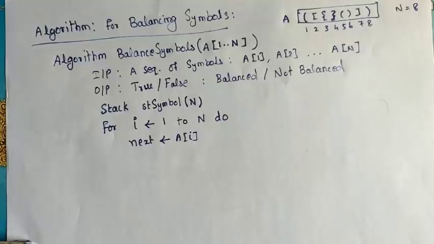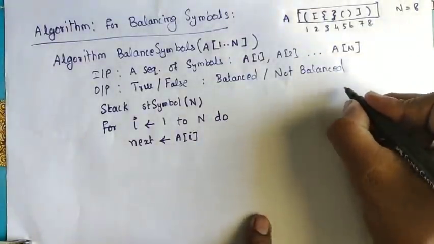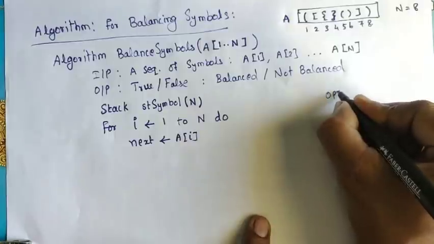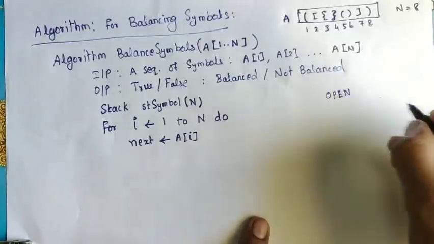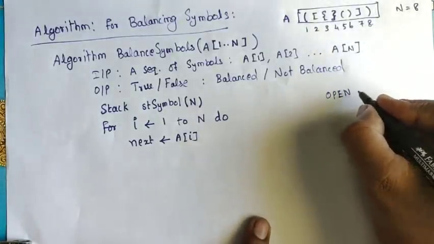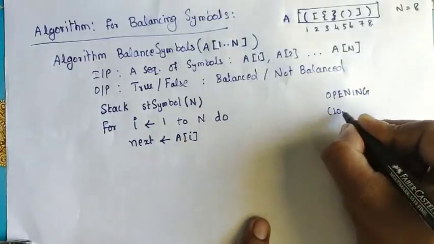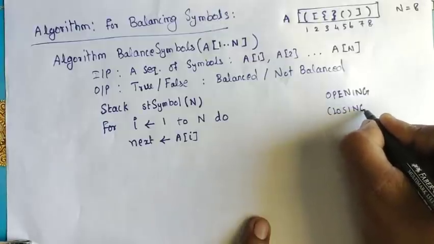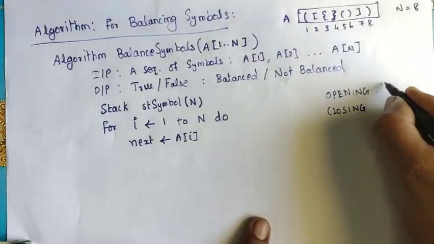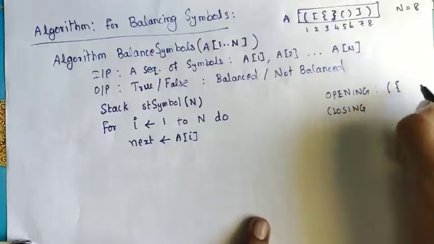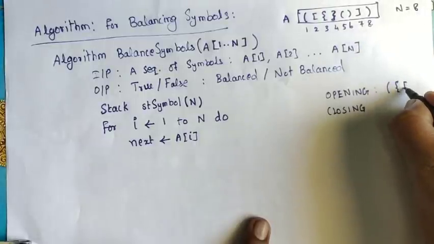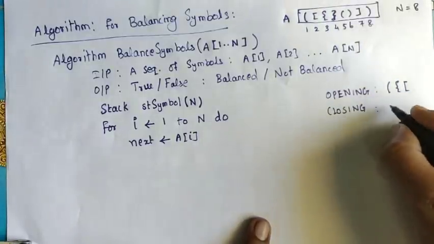There are two cases. Either that symbol may be in the opening or closing category. There are two categories only. The opening category means this brace, that square bracket, this round bracket.